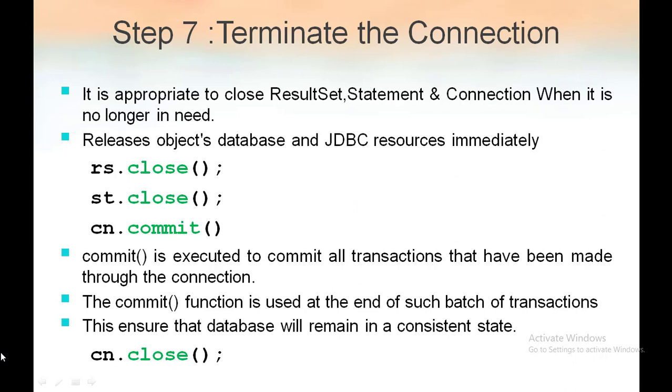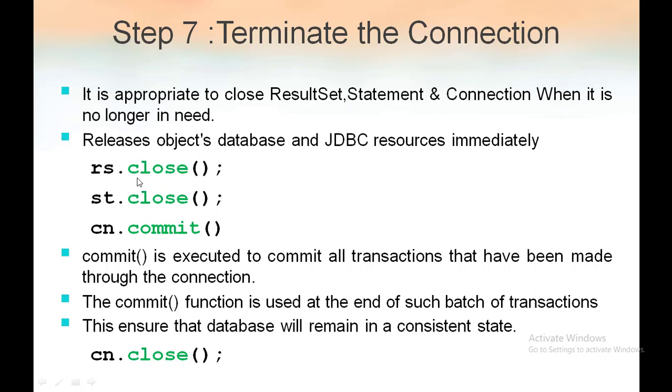Last step is terminate the connection. If we are not using the result set, statement and connection, then it is appropriate to close all the interfaces and all the classes. To release the objects, we have the close method.